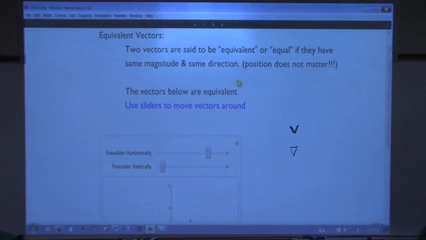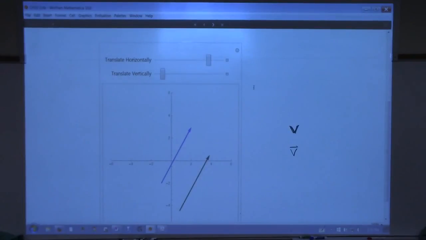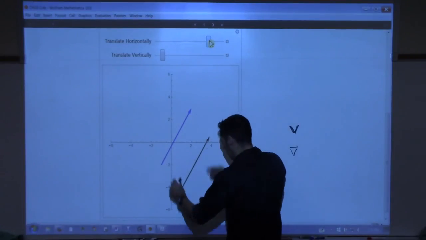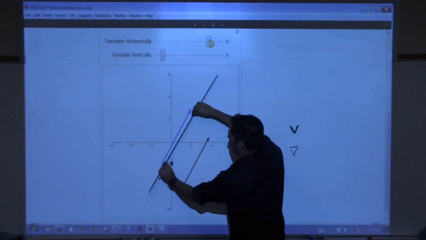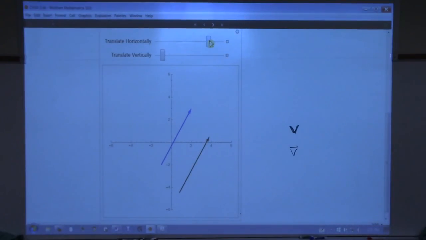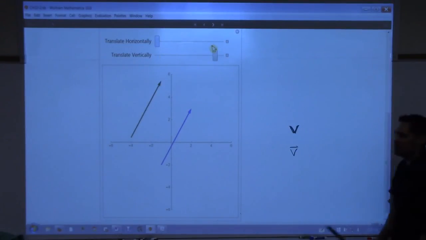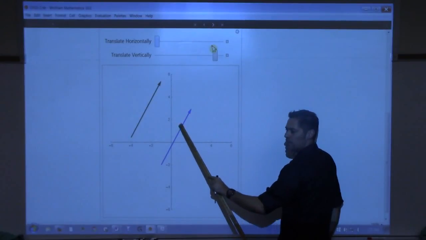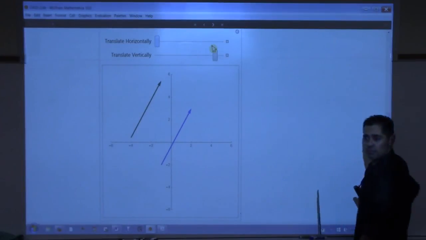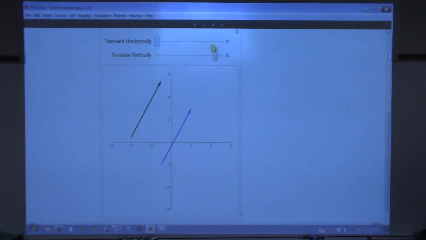So if I look at the two vectors below, these two vectors are equivalent because they both have the same length and they both have the same direction, meaning they're parallel to one another. If I take one of them and move it to the left, and let's say move it up, I have not changed it. It's still the same vector as the blue one, because they're still the same length, still the same direction. Yeah? So why are vectors convenient in things like physics?